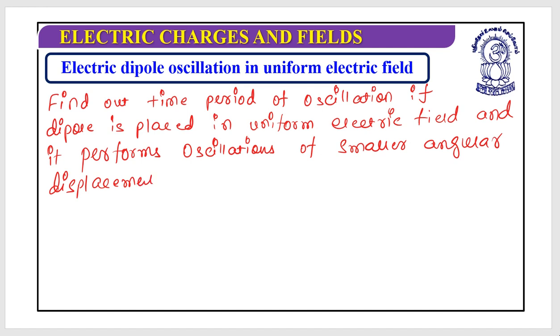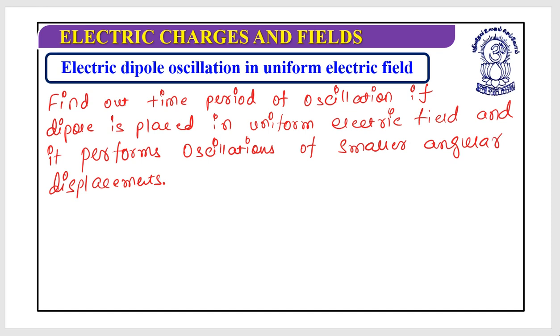Go through the data very carefully. Take your time. You have been asked to find the time period of an oscillation, for which they have put a dipole in a uniform electric field, and they just want to find the time period of its oscillations.